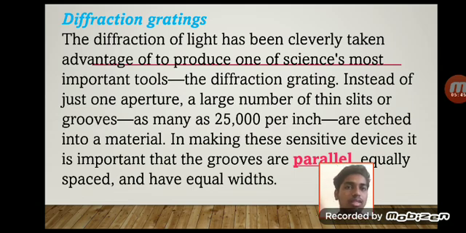Diffraction grating. The diffraction of light has been cleverly taken advantage of to produce one of science's most important tools, the diffraction grating. Instead of just one aperture, a large number of thin slits or grooves, as many as 25,000 per inch, are etched into a material. In making these sensitive devices, it is important that the grooves are parallel, equally spaced and have equal widths.